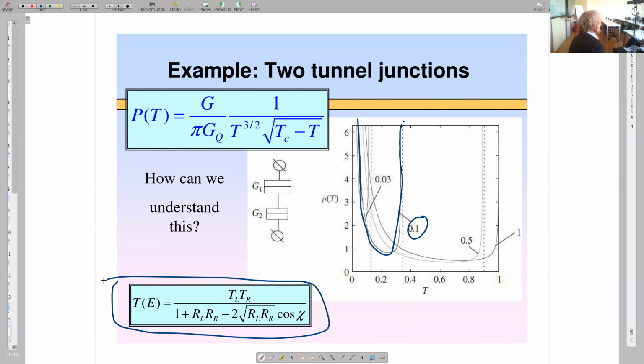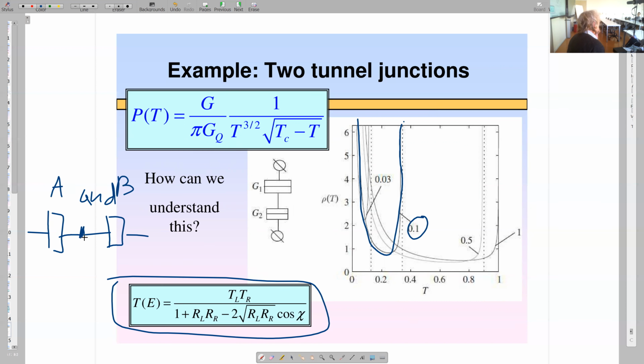Ages ago, in the beginning of lecture 3 and then at the end of lecture 2, we were looking at the transmission coefficient of two conductances in series. There was a story I told you about A, B, and the phase factor. So this is a phase factor here. You remember the story? Fine.